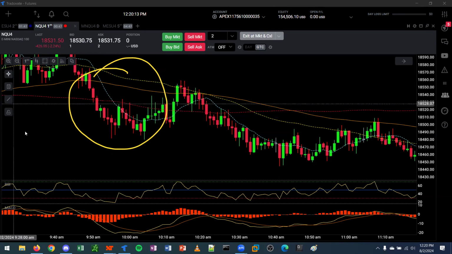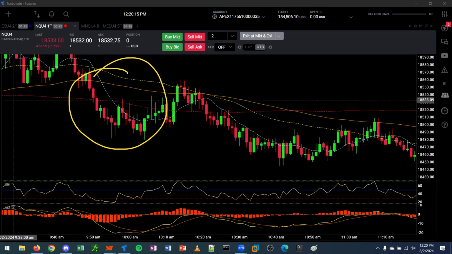Look at the slope of the 10. The 10 and 50 probably? No, just the 10. The 10 will tell you. Look at the slope of the 10. It just knifed through everything. So you had the RSI, the moving average, MACD, all against you. So this would have been a bad entry.